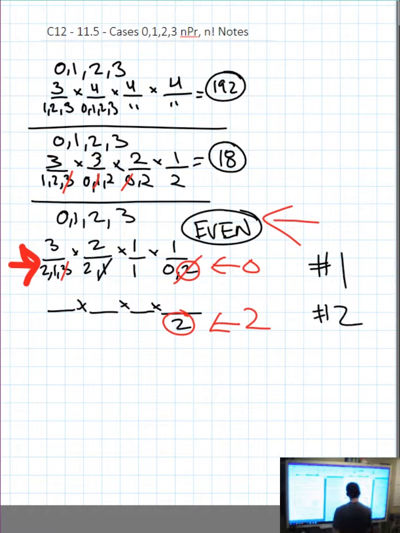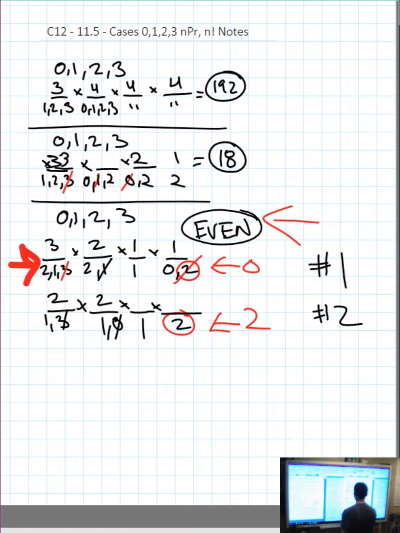So if I put the 2 last, I can't put the 0 first, so I only have the options 1 or 3, 2 options. Then just 1, for example, but now I get the 0 back again, which is 2 options, and then let's say I have a 1 left, which is 1.